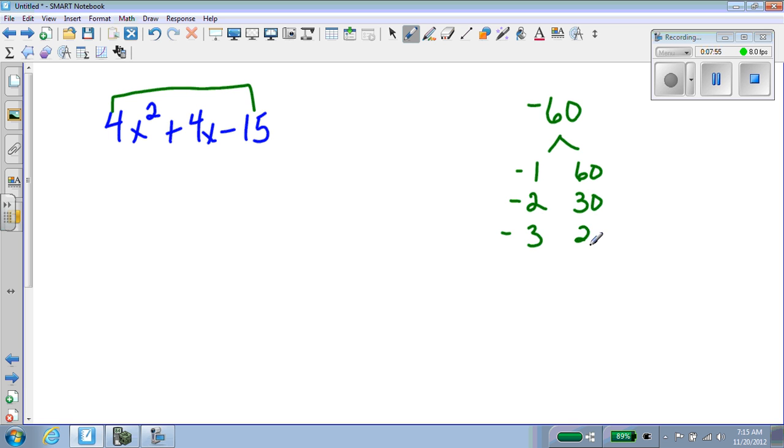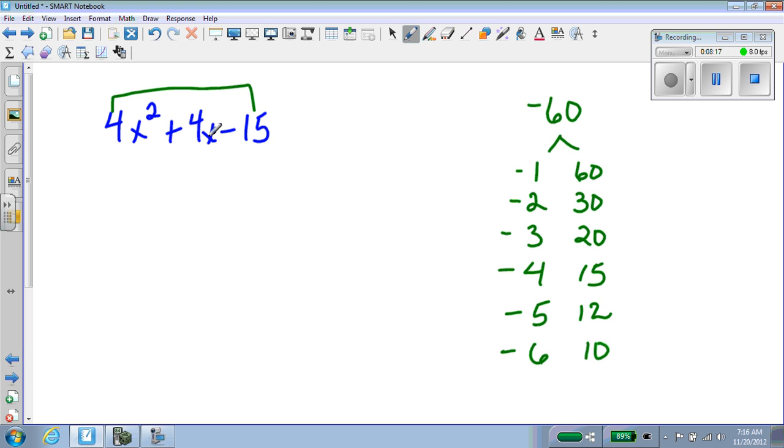Negative 3 times 20, that's 17. Negative 4 times 15, that's 11. Negative 5 times 12, that's 7. Getting closer. Negative 6 times 10. Negative 6 plus 10 is 4, so that's going to work.